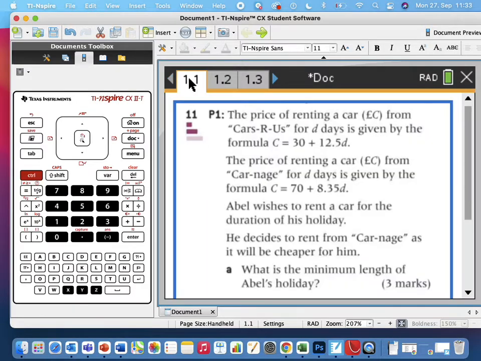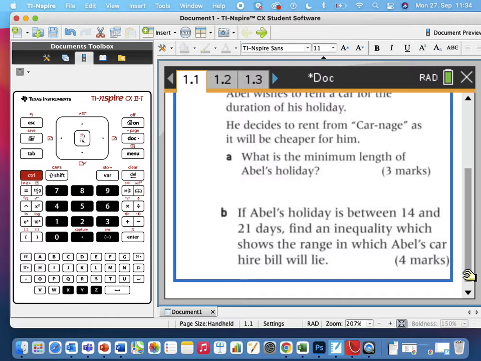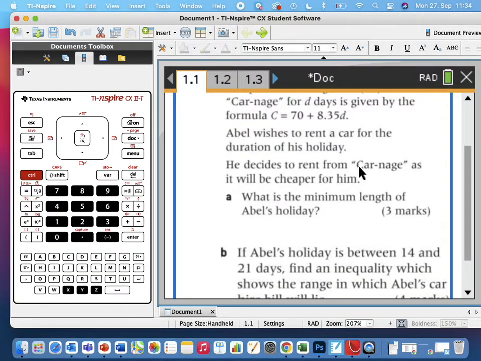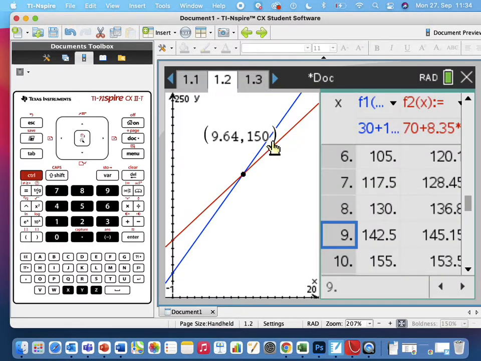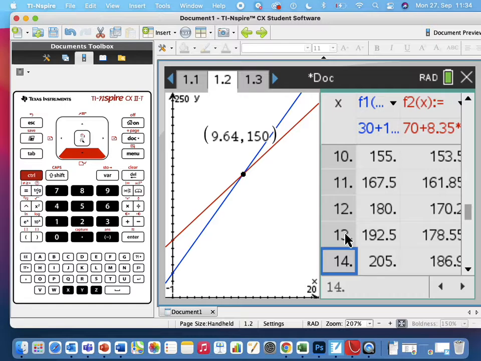If we go back and finish this off, if Abel's holiday is between 14 and 21 days, find an inequality which shows the range in which Abel's car hire bill will lie. Well, this relies on you knowing that this person's chosen Carnage already. So this question, part B, ties to Carnage, which is the red graph here. So again, the red graph is from 14 to 21.